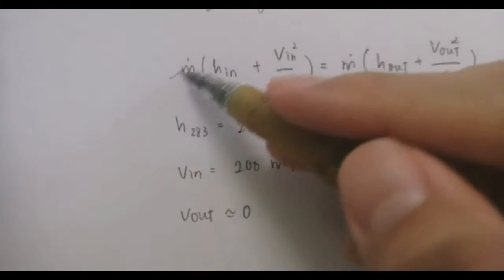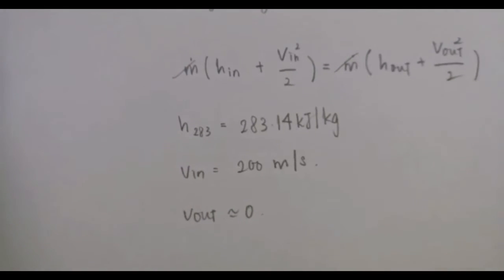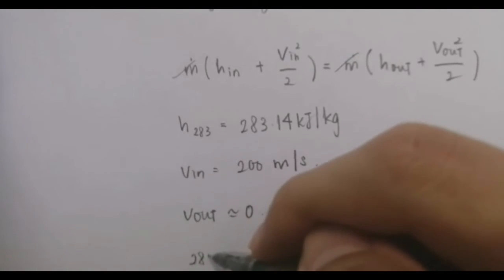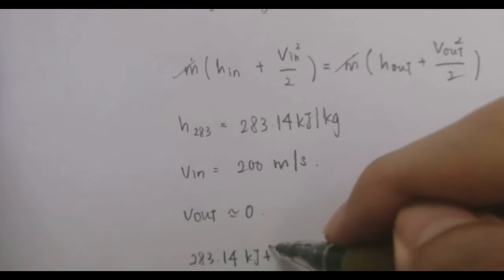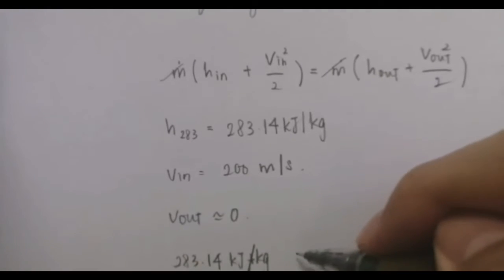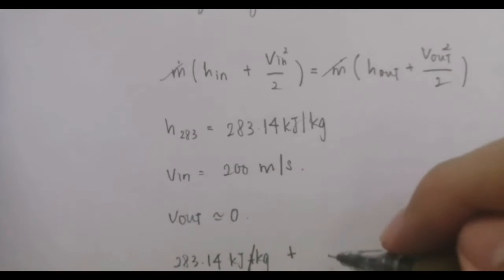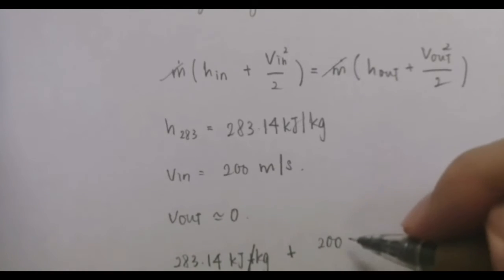First we can simplify the mass flow rate because they are the same. 283.14 kilojoule per kilogram plus 200 square divided by 2 equals enthalpy out.